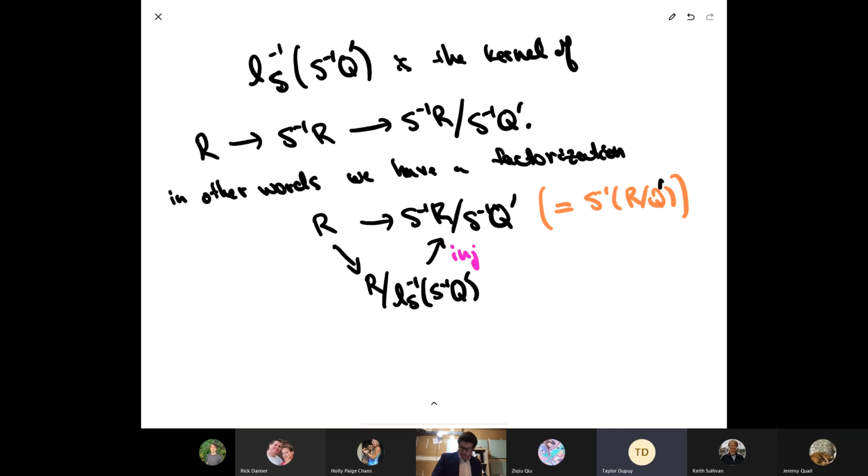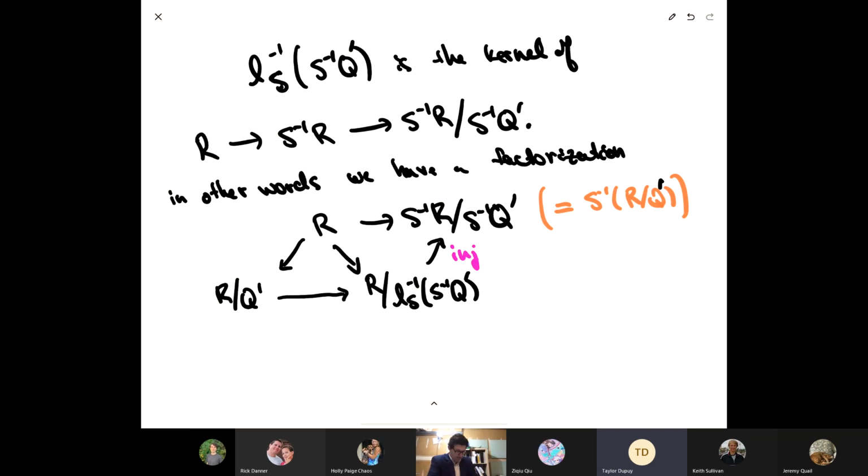So we also have the following. I'm kind of running out of space here. So we have another map like this. Since Q prime is contained in there, we know that this factors like so.